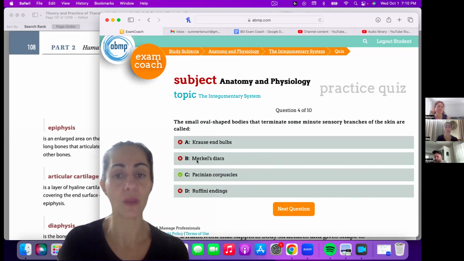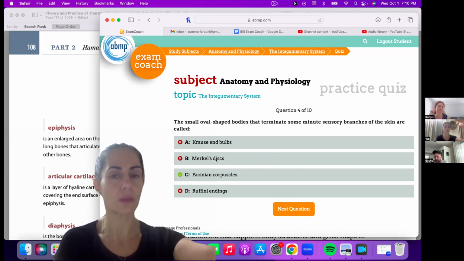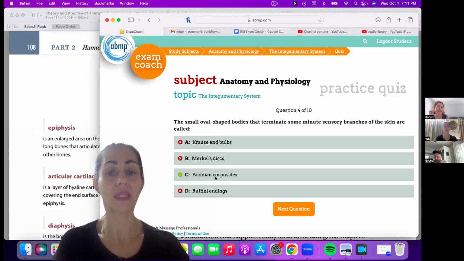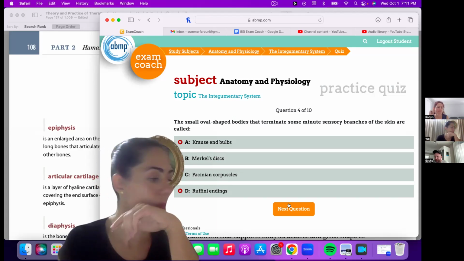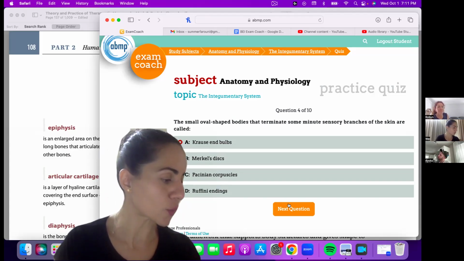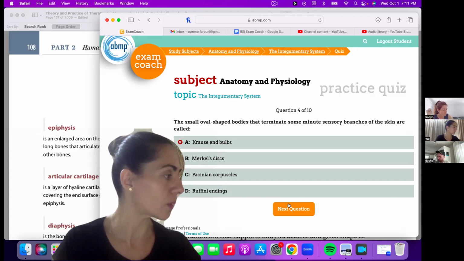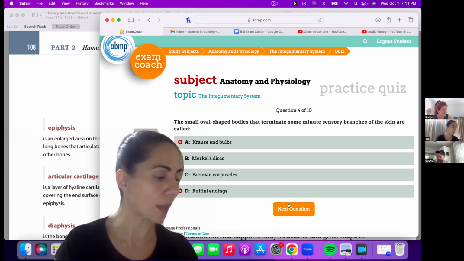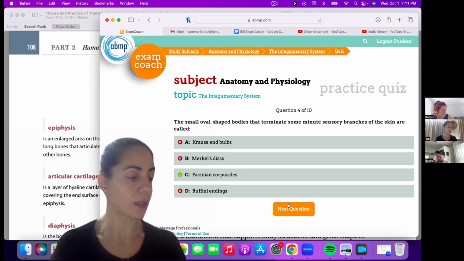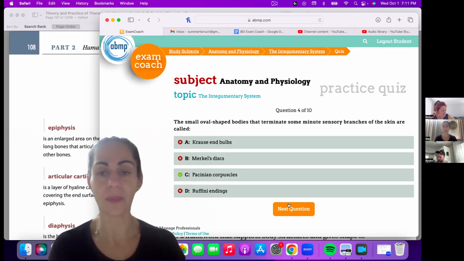The Merkel discs are more superficial, so they sense lighter touch, pain and heat, whereas the Pacini and the Ruffini are deeper. Before we continue to the next question, highlight those. So the Ruffini senses what? Deep pressure. Same thing with the Pacini, but with the Pacini you also get vibration.